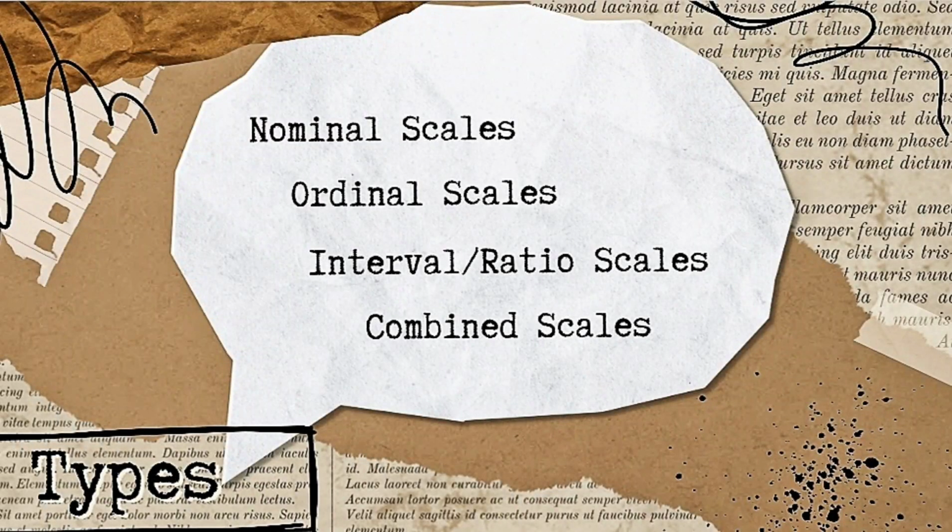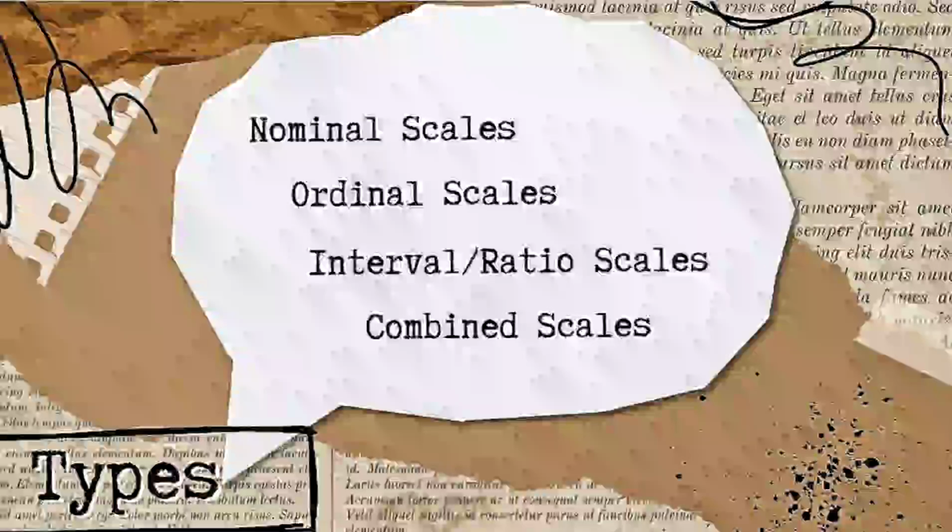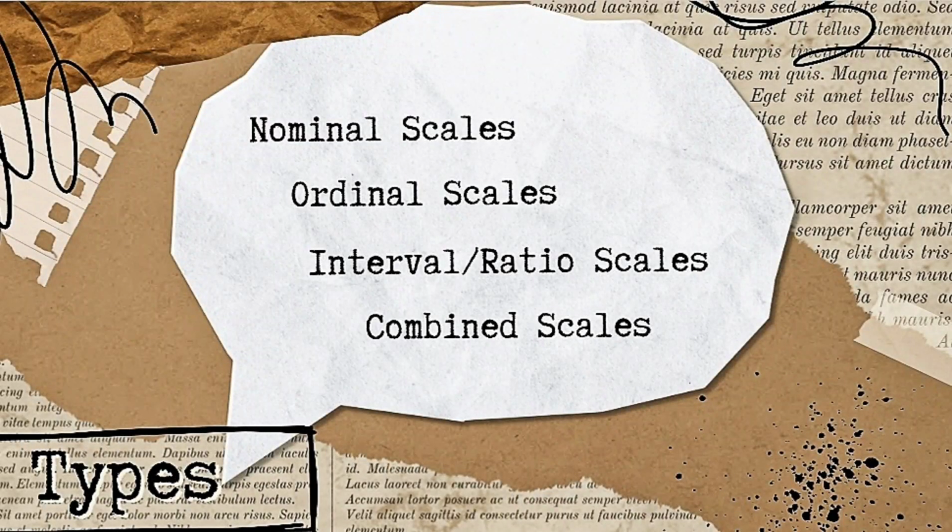This is basically like multiple choice. These are basic multiple choice questions with no particular order. For example, asking someone their gender, male or female, uses a nominal scale. Another type of measurement scale is ordinal scales. This is like a ranking scale, if you will.